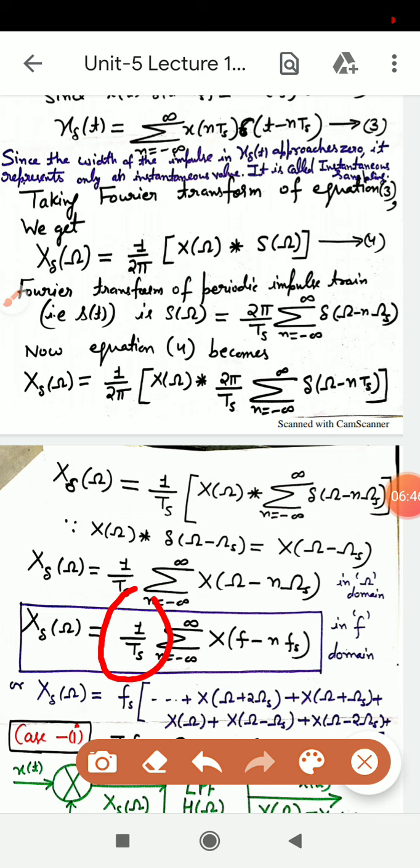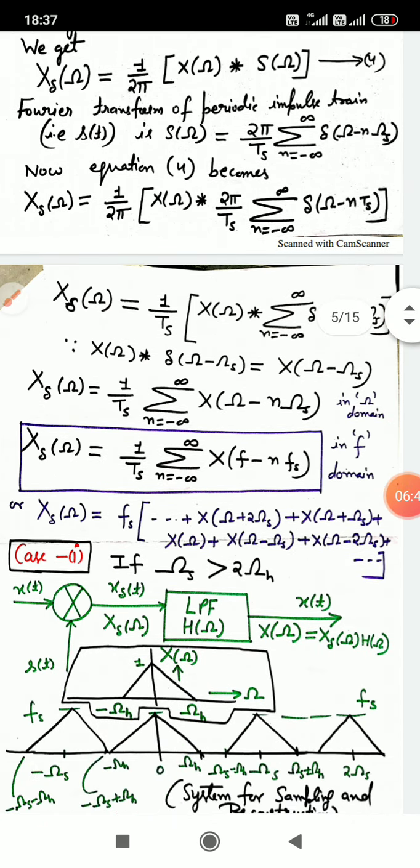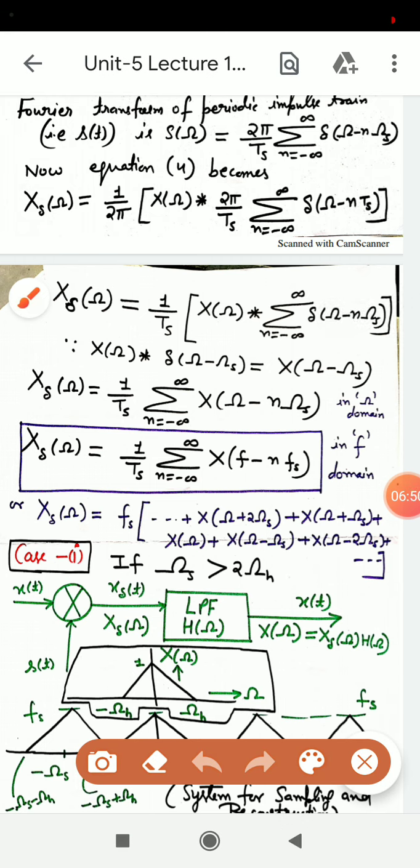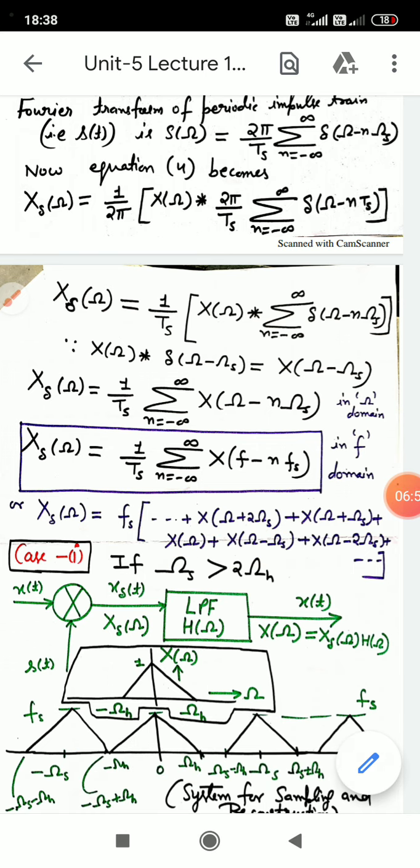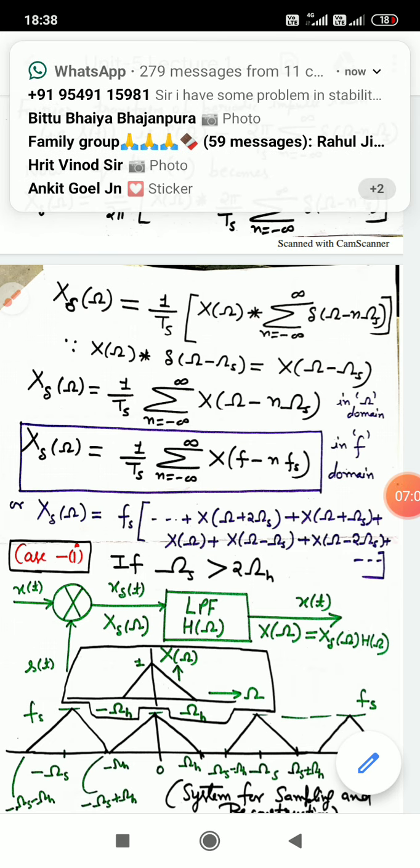Starting from n equal to minus 2, then n equal to minus 1, n equal to 0, n equal to 1, n equal to 2. In this lecture we finish lecture 1. In the next lecture we will see the analysis and proof that fs should be greater than or equal to twice fm. Thank you.